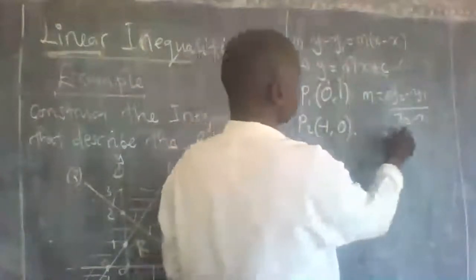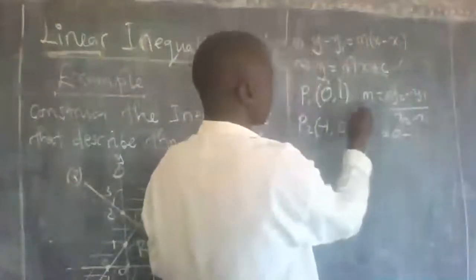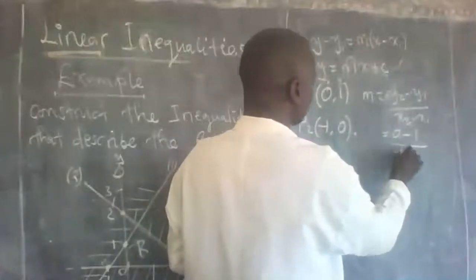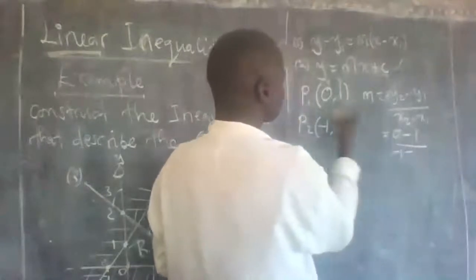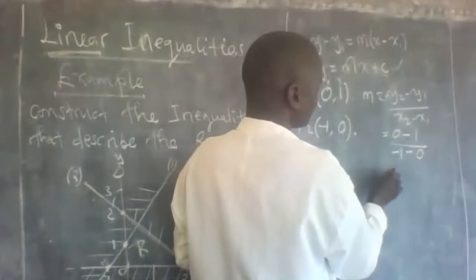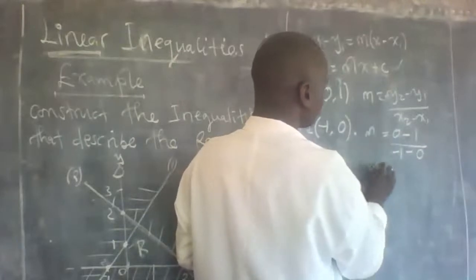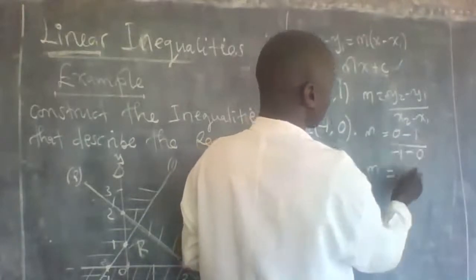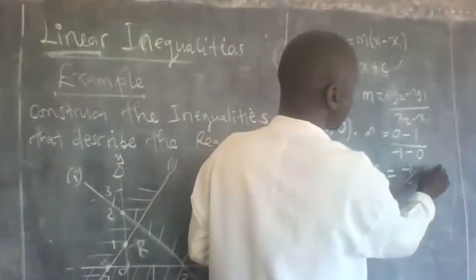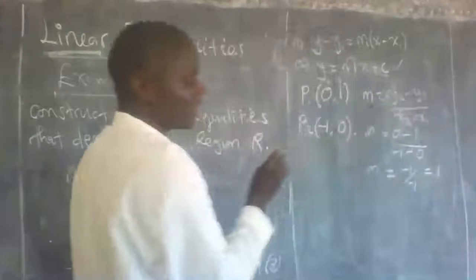So our y2 is 0 minus our y1 is 1, over our x2 is negative 1 minus the x1 which is 0. So the answer here for the m gradient is going to be 0 minus 1, negative 1, over 0 minus 0, negative 1, and the answer gets to be 1.